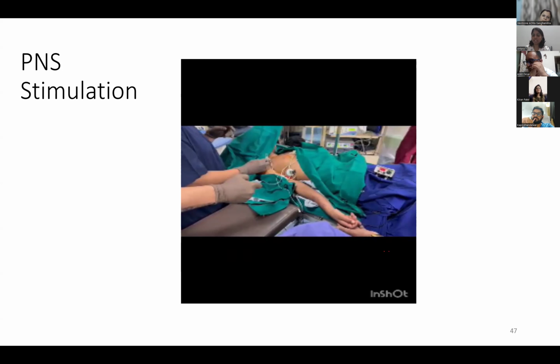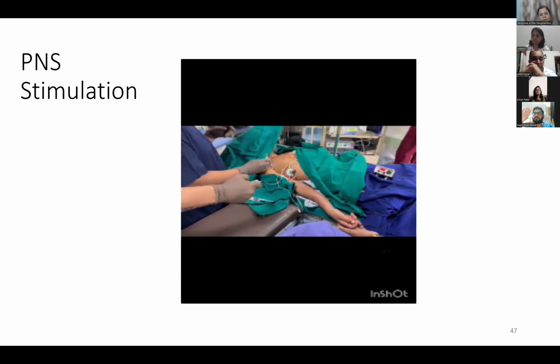Also, when we see the drug spread on the sonoanatomy, we understand that we are not going intravascular, and we have to remain extraneural and extravascular to avoid any intraneural injections.